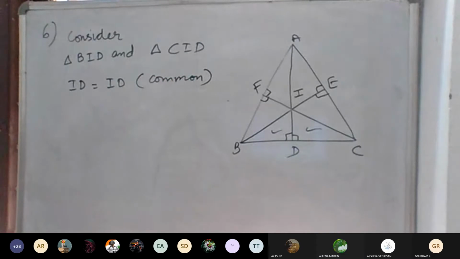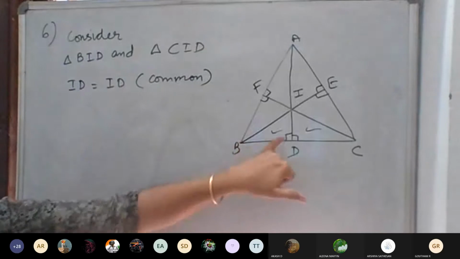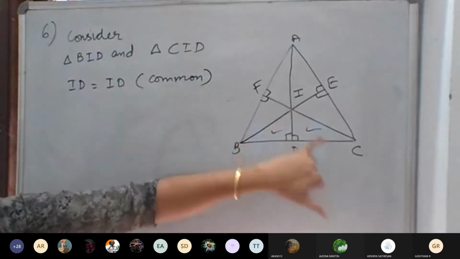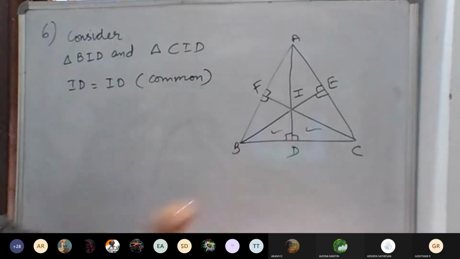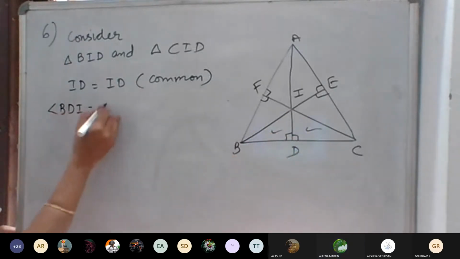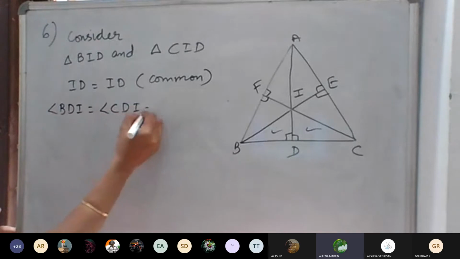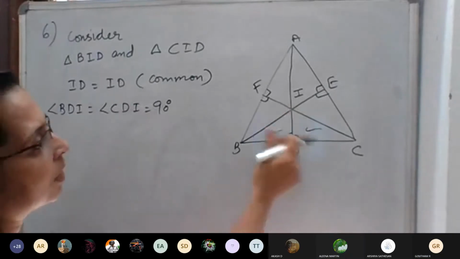Then angle BDI and angle CDI. Perpendiculars are given. So angle BDI is equal to angle CDI is equal to 90 degree. Why? Reason is what?